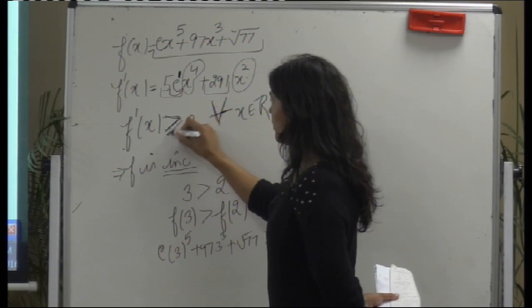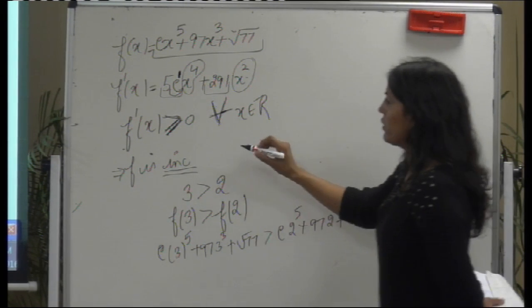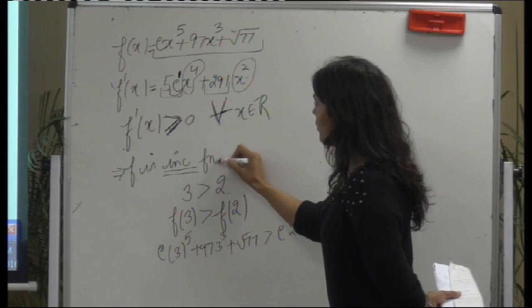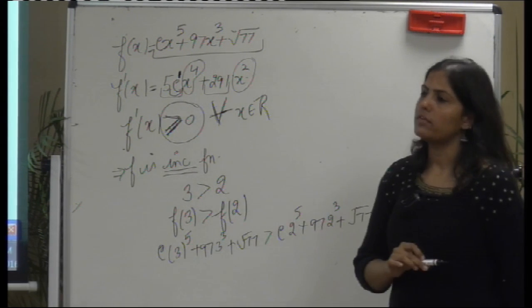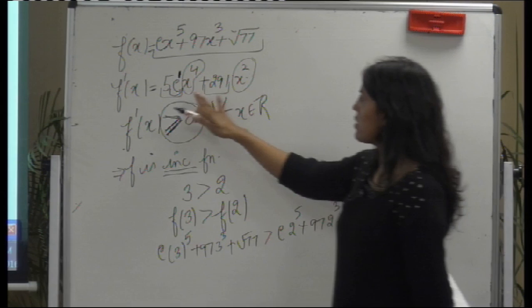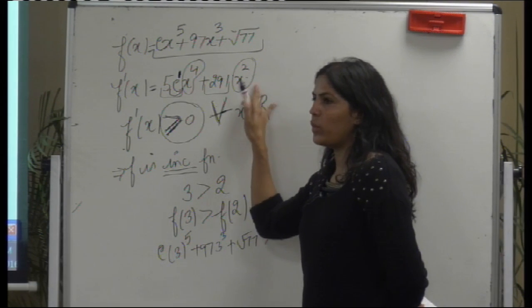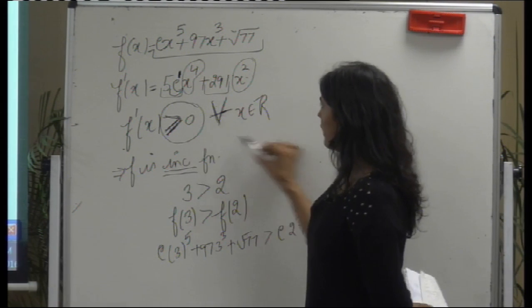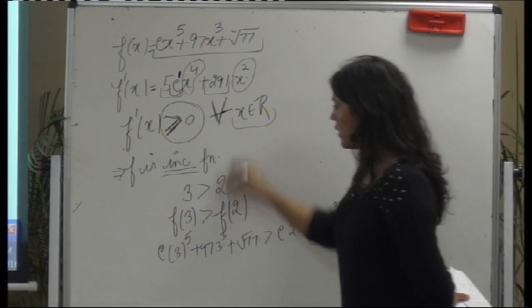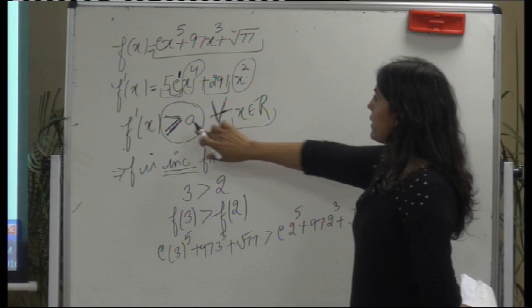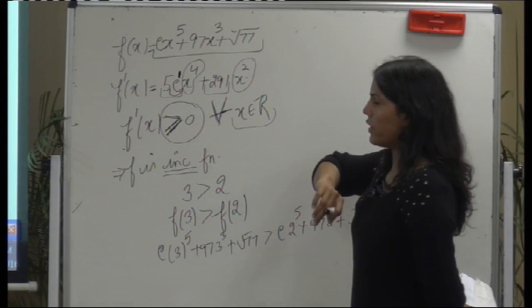It should be greater than or equal to, but the behavior will not change, it is an increasing function. So we have to be very particular about what we are writing. Greater than or equal to 0. At x equal to 0 this will be 0, no? So we didn't include that point; for all x in R we have said that this will be greater than 0. Is this fine?